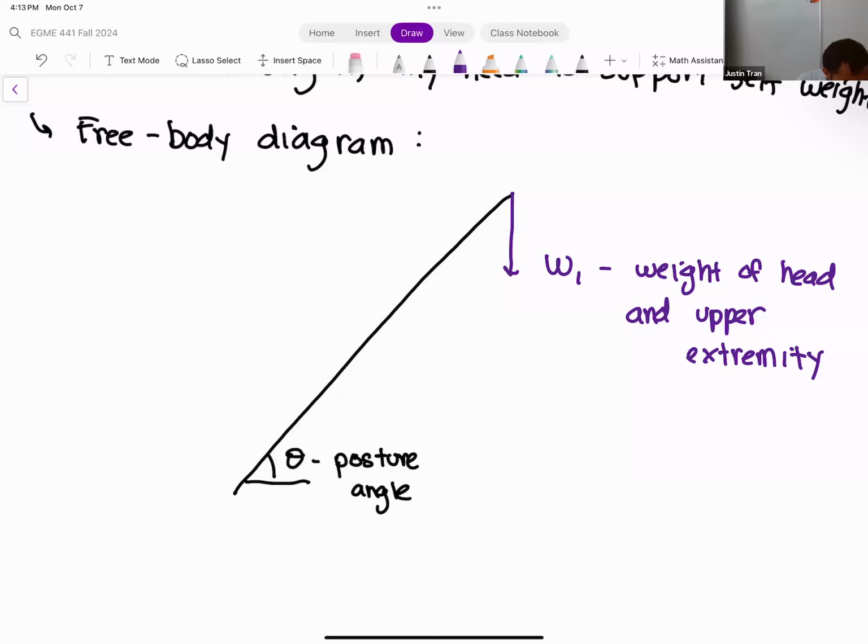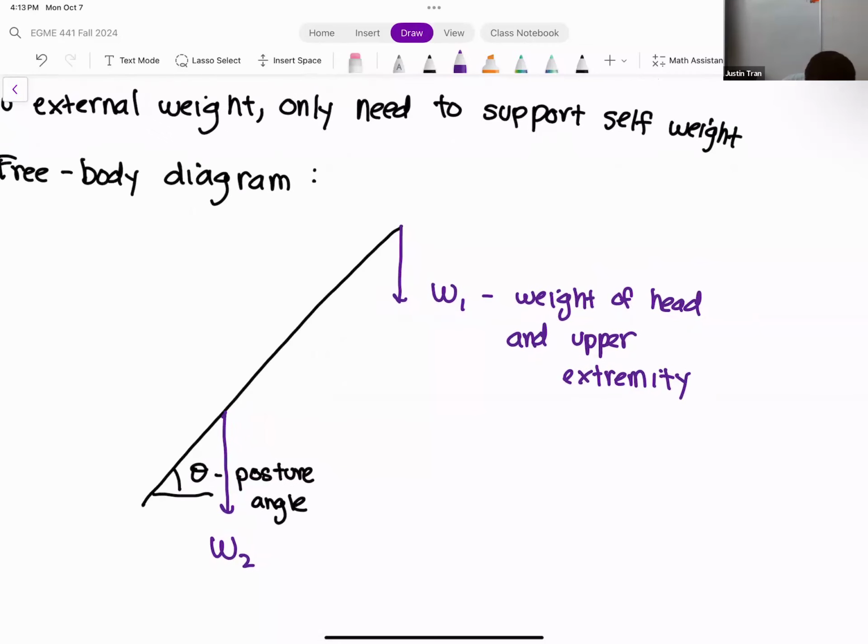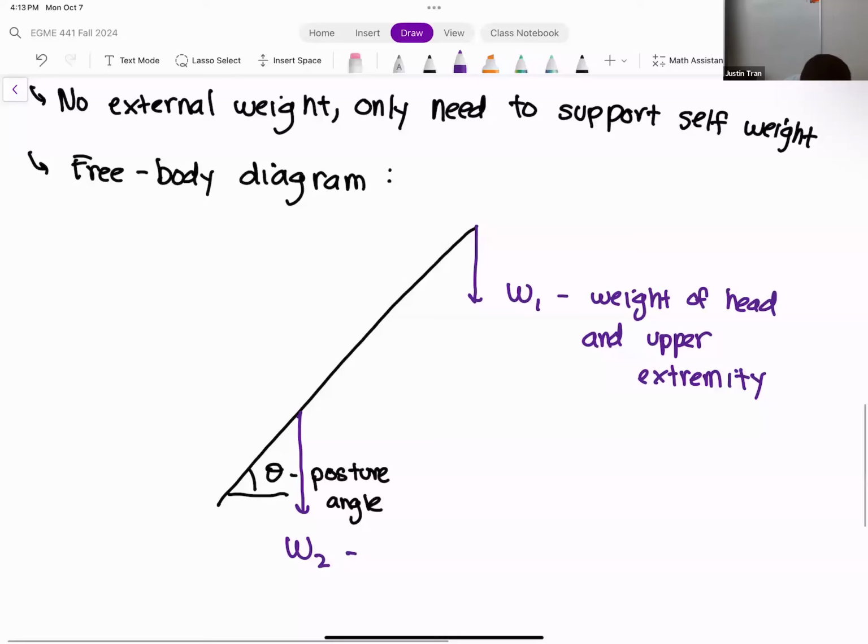The other weight that we're going to have is the weight of the torso itself. We'll say that is going to be right here. So we'll call that W2.